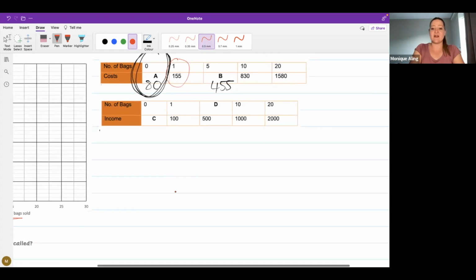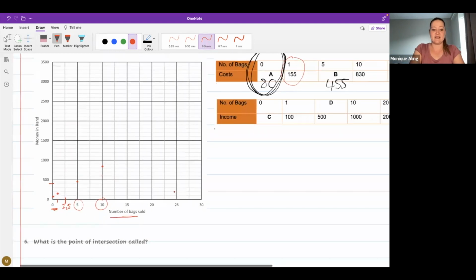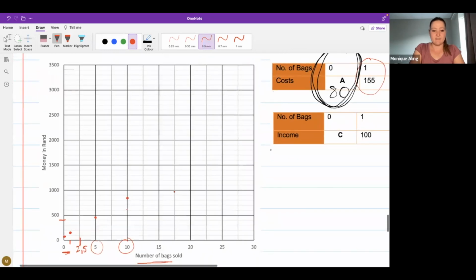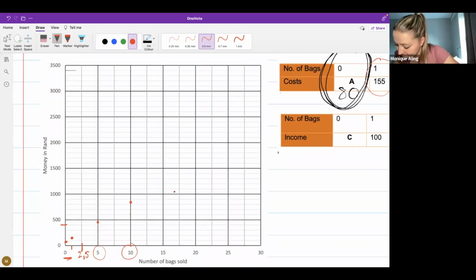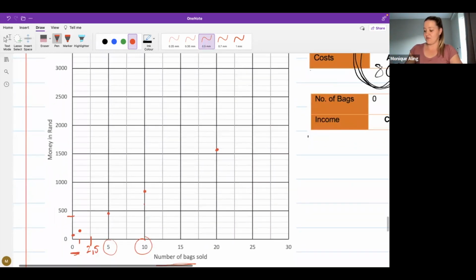20 bags and 1,580. So 20 is on a nice line. It will be over there. Okay, and in a test, please use a ruler.